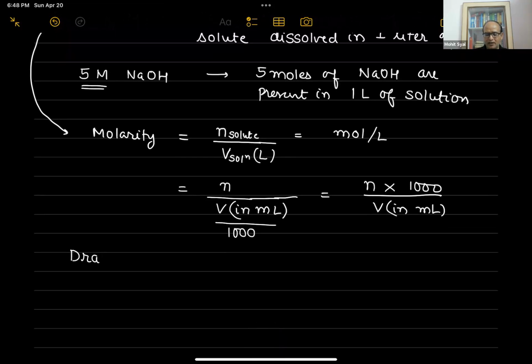Both, can you tell me, Ayesha and Marwa? Because it is dependent on temperature. And the hint is it has volume in the denominator, the volume of the solution.